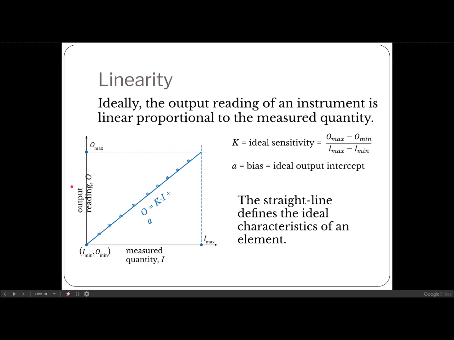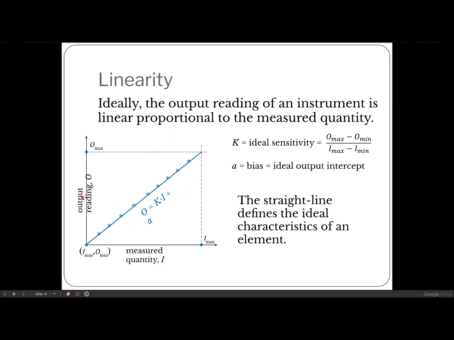An ideal measurement device should have a linear relationship between input and output. So this is the temperature, this is the current, and if you have a linear relationship, then it will be easy.